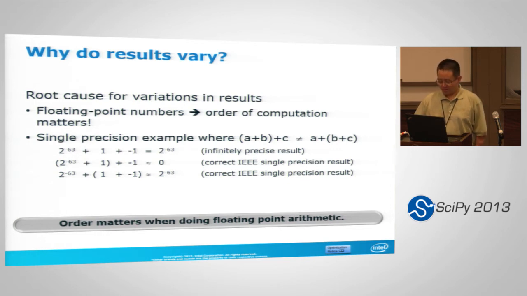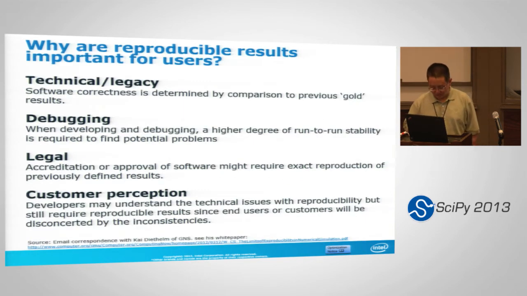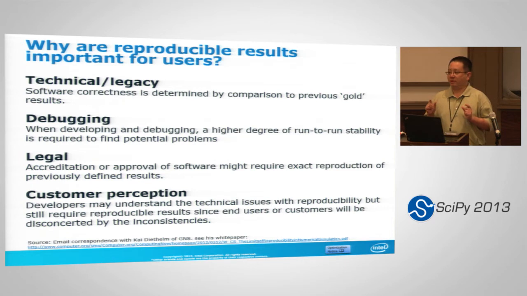Well, it turns out in recent years, more and more people are not comfortable with this. There are people with very good reasons asking for bitwise reproducibility, meaning if I run this code today on this machine, I get this result. How about in 5 years, I run the same piece of code with the same input data on a different CPU? I want to get exactly the same result, right?